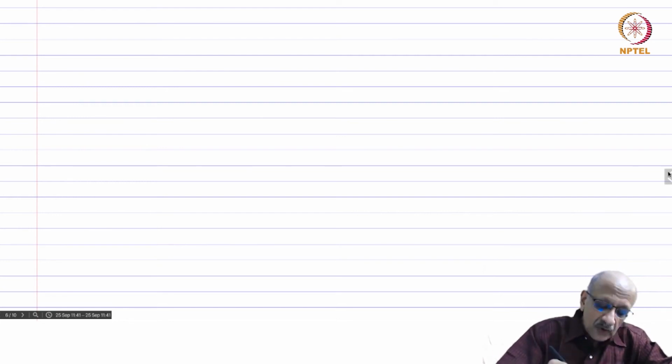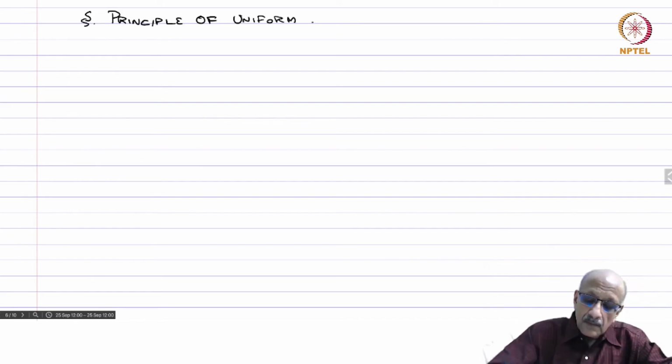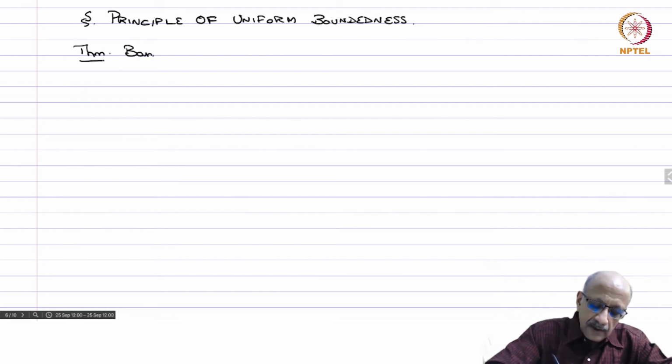Anyway, now we will do some applications in functional analysis. So the first application of the Baire category theorem is the principle of uniform boundedness. This is called the Banach-Steinhaus theorem.